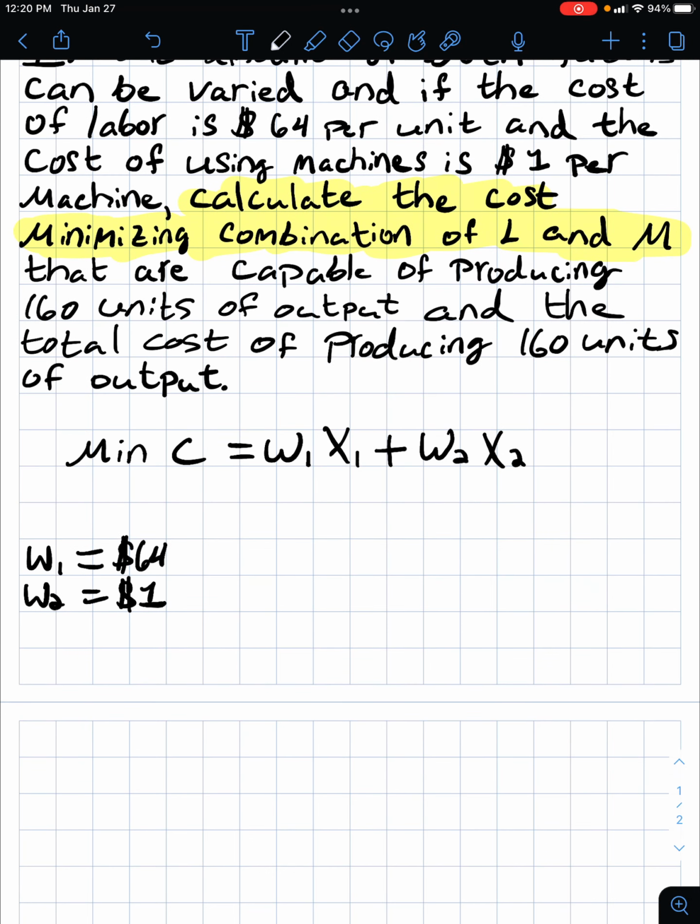So now, what is our minimizing cost function subject to? Well, we are constrained by our production function. What can we actually produce?